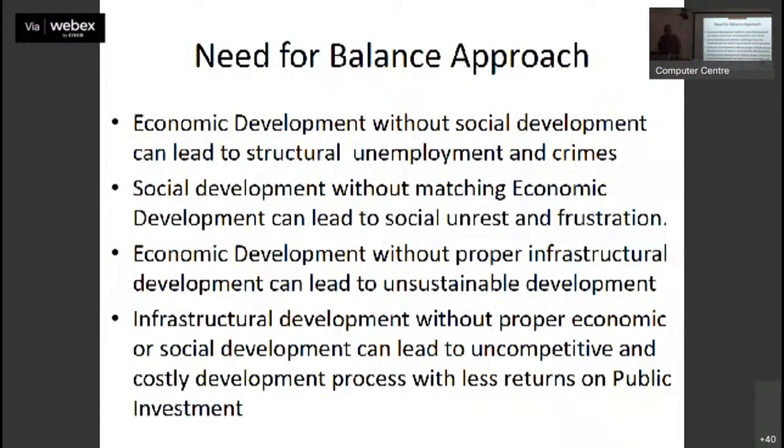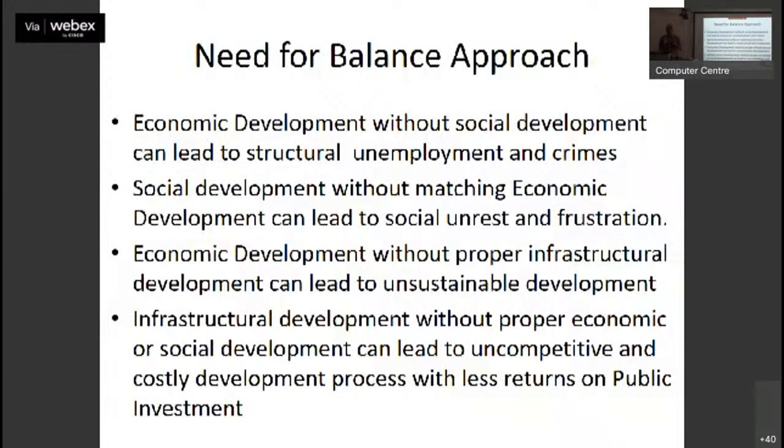Infrastructure development without proper economic or social development can lead to an uncompetitive and costly development process. If you build lots of infrastructure but development doesn't happen, your cost of production will increase and you will not be competitive in the rest of the world.